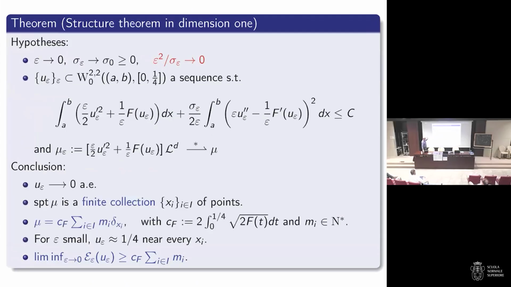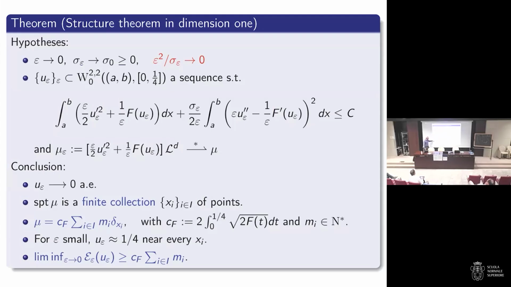I will skip that. So I just want to insist on several things. In dimension 1, we are able to prove that if we have a sequence of smooth functions whose approximate energy is uniformly controlled, then if we look at the μ_ε, the diffuse mass energy, it does converge to a limit measure, and this limit measure in dimension 1 is supported on a finite collection of points.